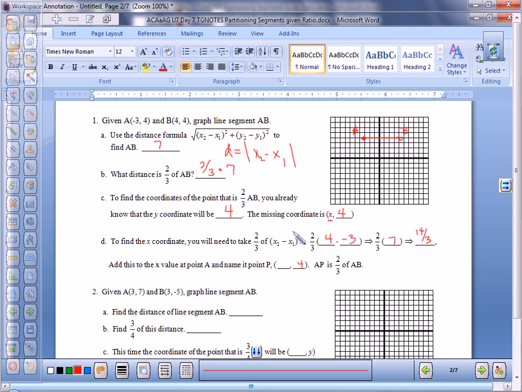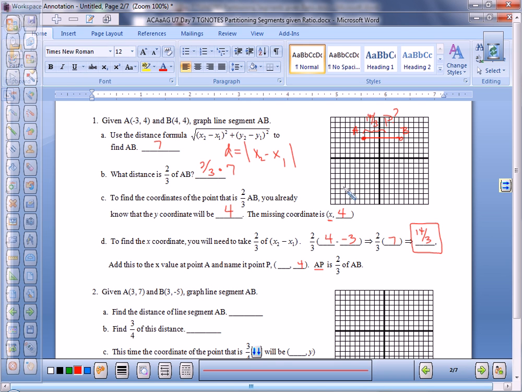Now, we know that 2/3 of the whole segment is 14/3. So I want to start from A, because we want it to be the AP. Start from A and find a point P somewhere on here that's a distance of 14/3 away from A. How would I do that mathematically?